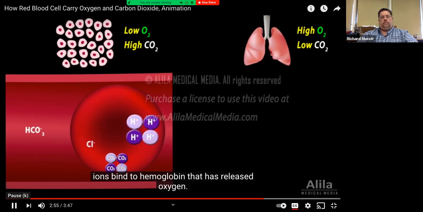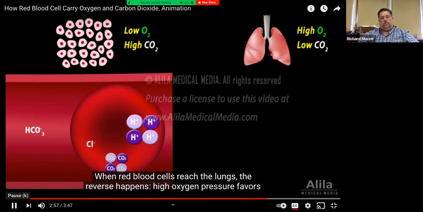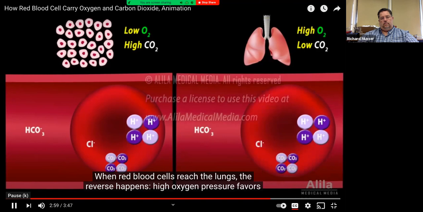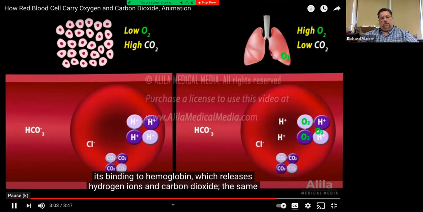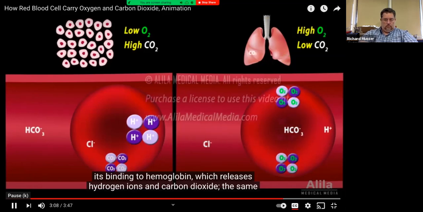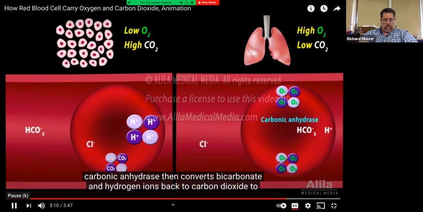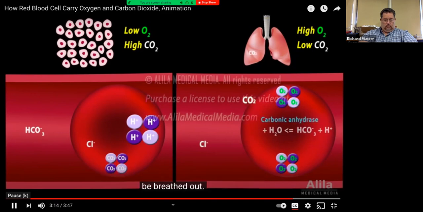Hemoglobin has released oxygen. When red blood cells reach the lungs, the reverse happens. High oxygen pressure favors its binding to hemoglobin, which releases hydrogen ions and carbon dioxide. The same carbonic anhydrase then converts bicarbonate and hydrogen ions back to carbon dioxide to be breathed out.